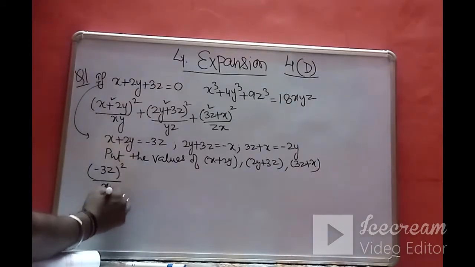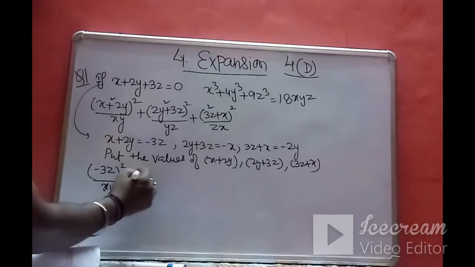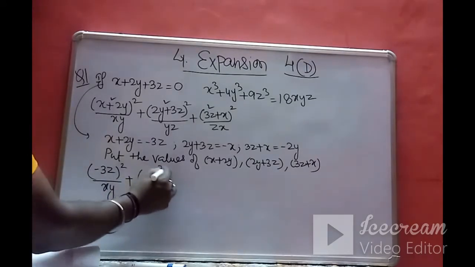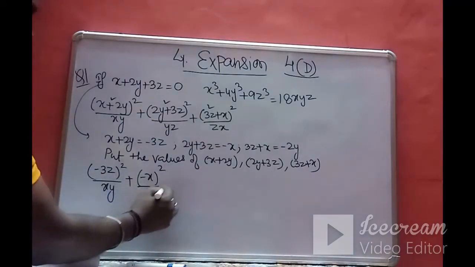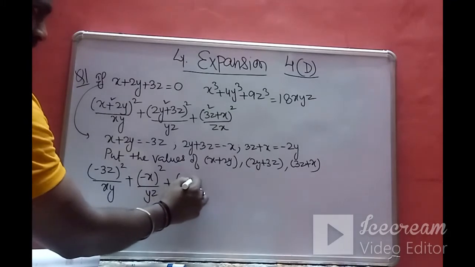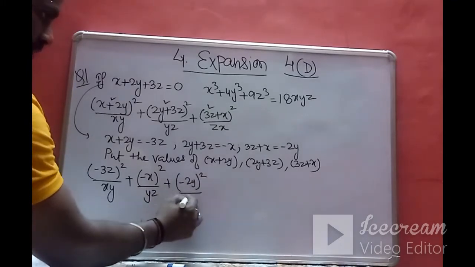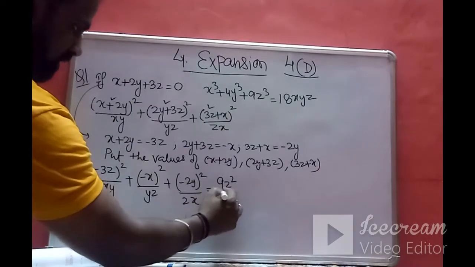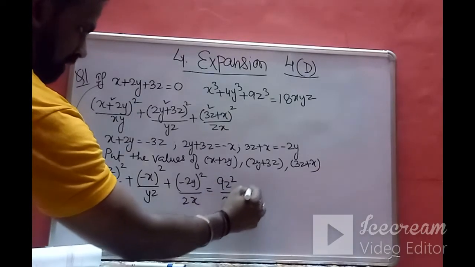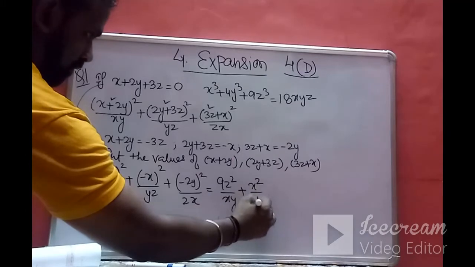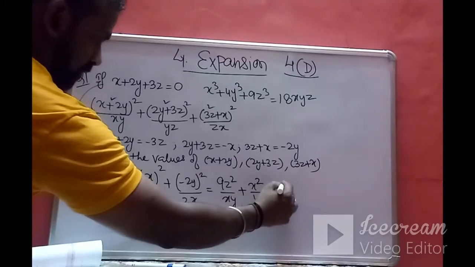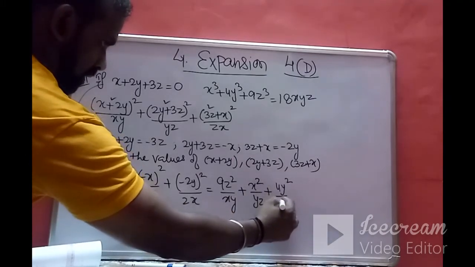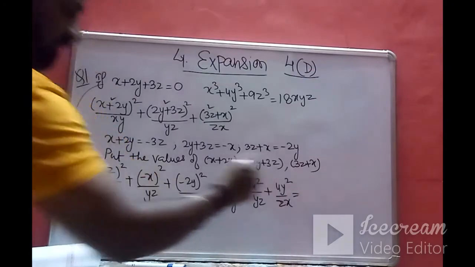Now it looks a little bit simpler. Then minus x square, then minus 2y square. So it becomes 9z square upon xy plus x square upon yz plus 4y square upon zx.